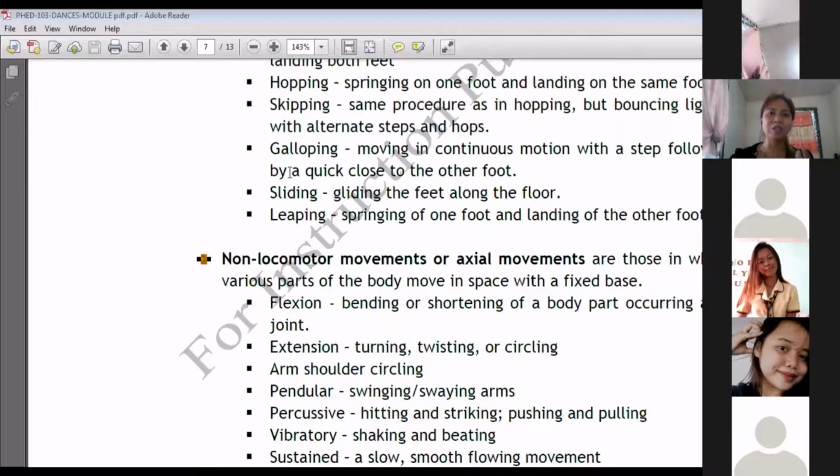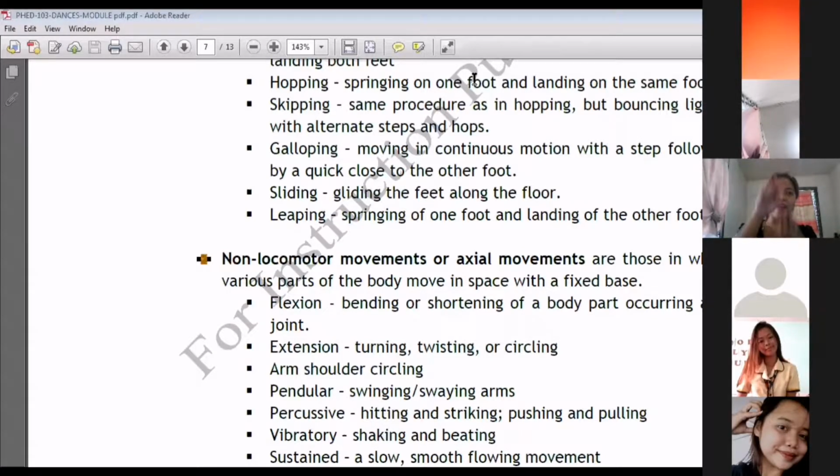How about galloping? How is it different with hopping, leaping, and skipping? So it's a movement in continuous motion with a step followed by a quick close to the other foot. If you have seen a horse, when it runs, when it gallops, that's galloping. Mabilis lang yung pagsunod ng isa pang paa.